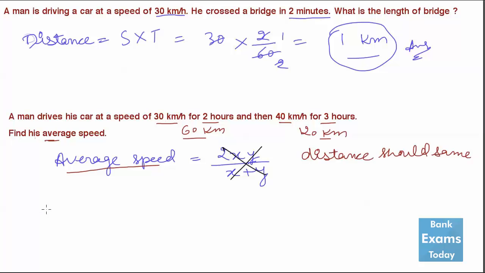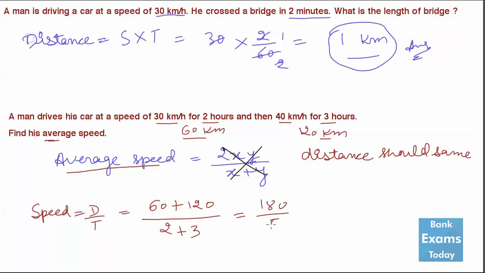So let's apply a simple formula, that is speed is equal to distance over time. The distance is 60 kilometers plus 120 kilometers, and the time taken is 2 hours plus 3 hours. So it becomes 180 over 5.